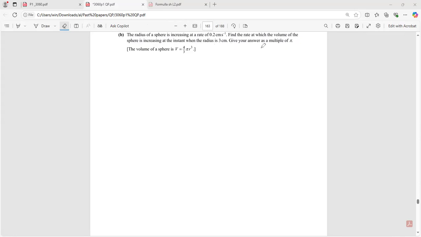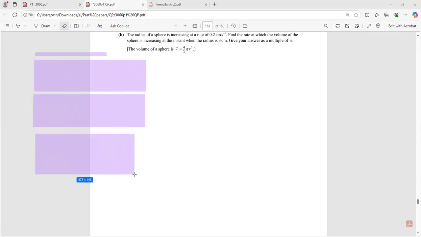Give your answer in pi because it's an uncalculator paper. So let's get started. As the first step, we are going to differentiate the volume of the sphere, then I'm going to multiply it by 0.2.